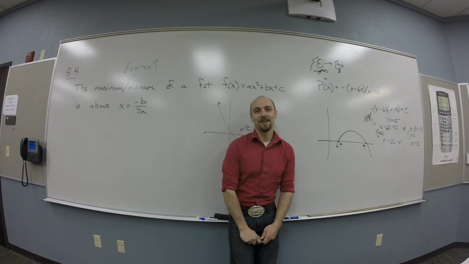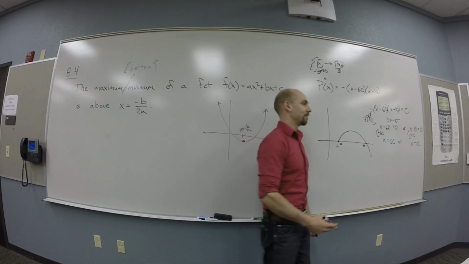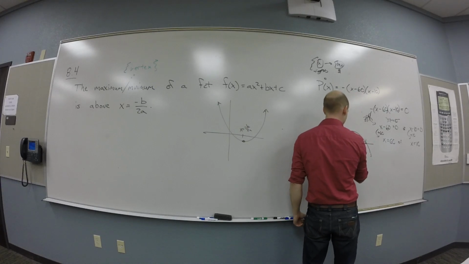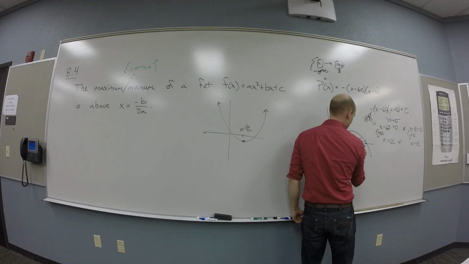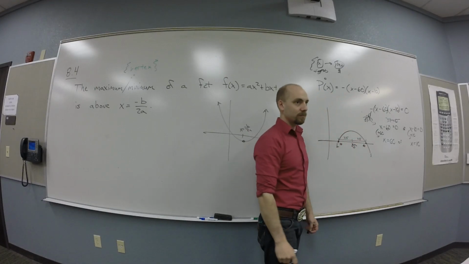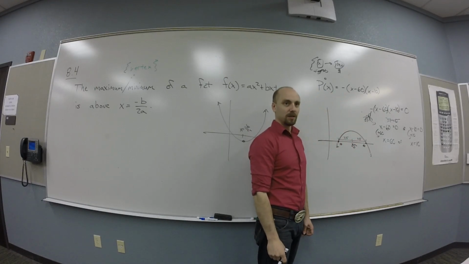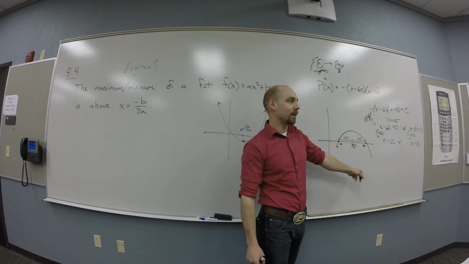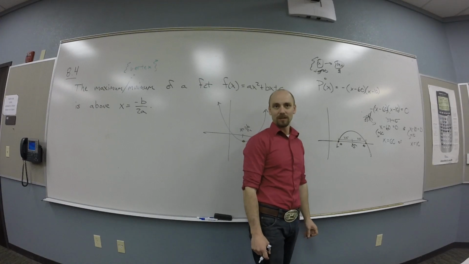So half of 50 is 25, and then that means halfway between 10 and 60 is 35. Right, that's this distance is 25. And so in here is my middle at 35. Okay, see that? So maximum profit is achieved by making 35 widgets.